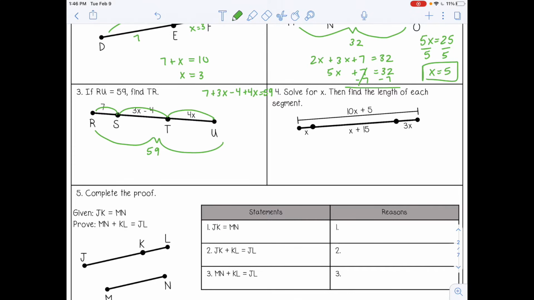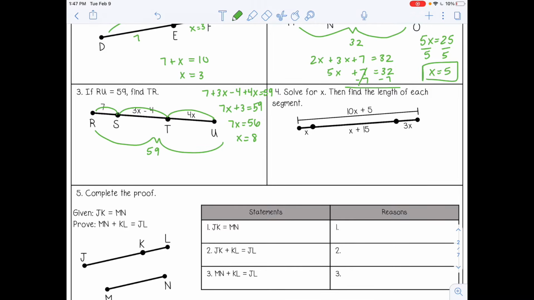So we have like terms. 3x and 4x is 7x. And then 7 minus 4 is 3. I'm just going to rewrite it so that my variable is first. And then we're just going to solve the equation. We subtract 3 on both sides, which is 56. And then divide by 7, which is 8.